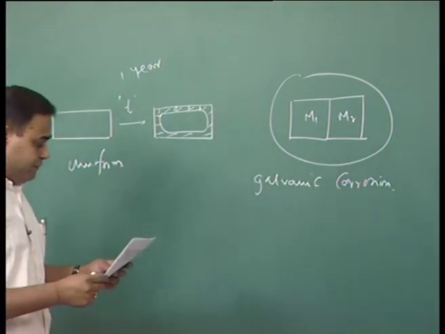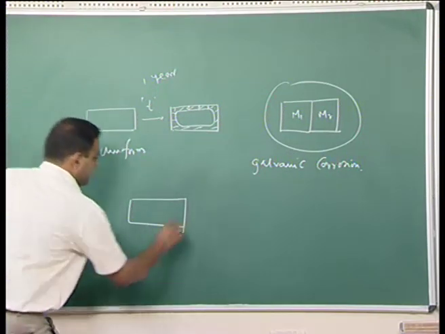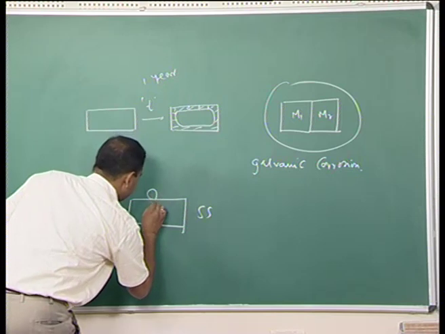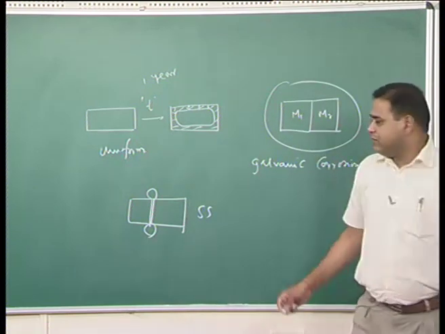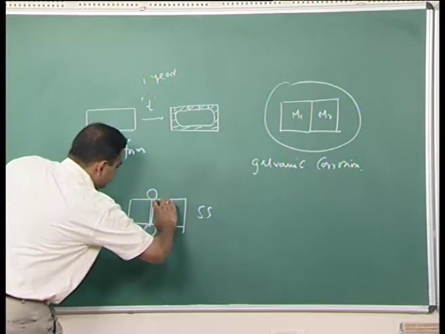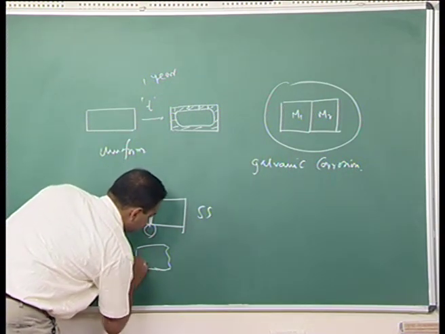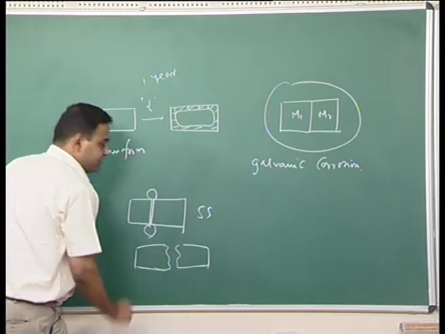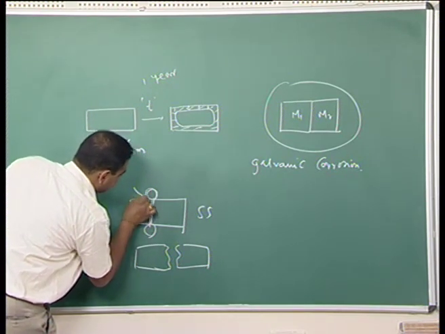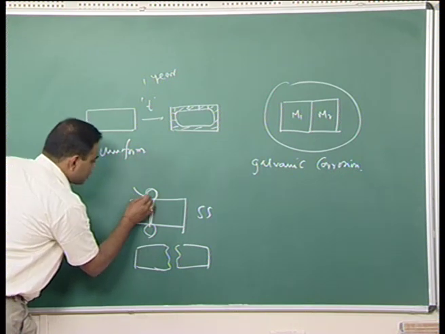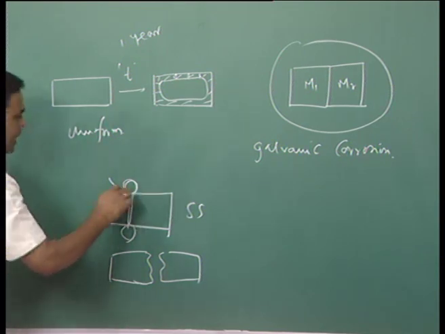Now, you have another case: a stainless steel, SS, with a rubber band. If you put that in acid media, you will see that after some time it will be broken into two halves. Why is this happening? If you see carefully, the rubber band is making a crevice in this region, and the rate of corrosion is very fast in this zone compared to the other surface.